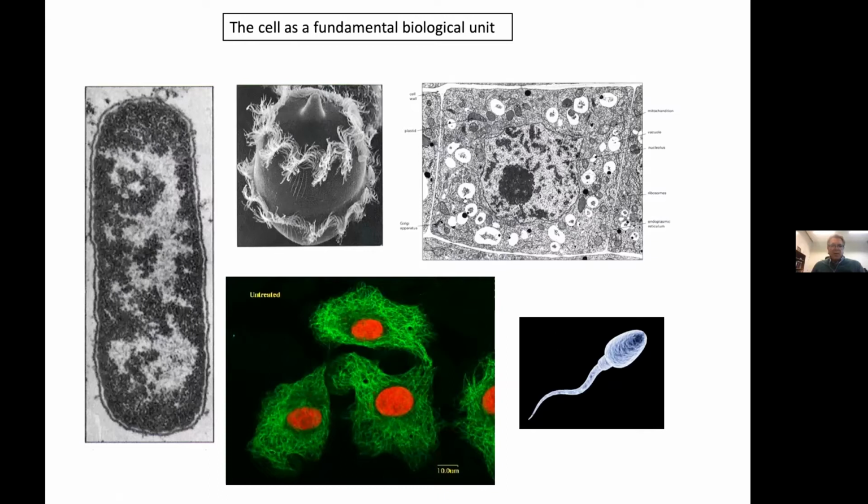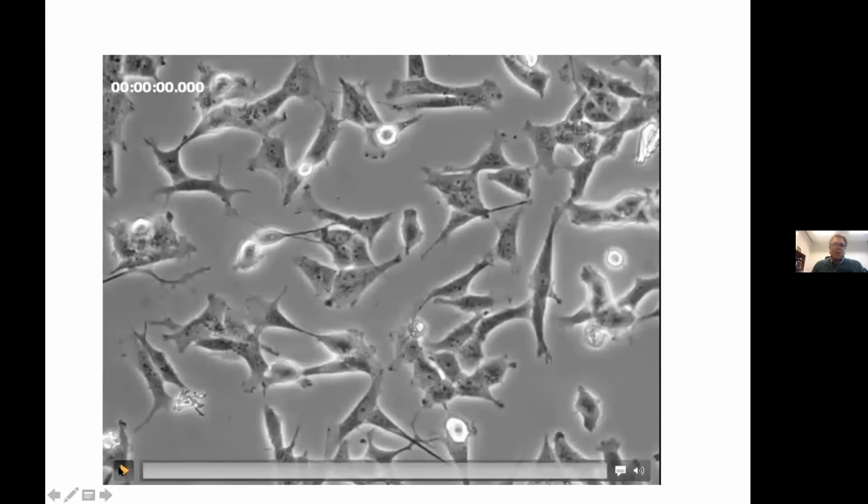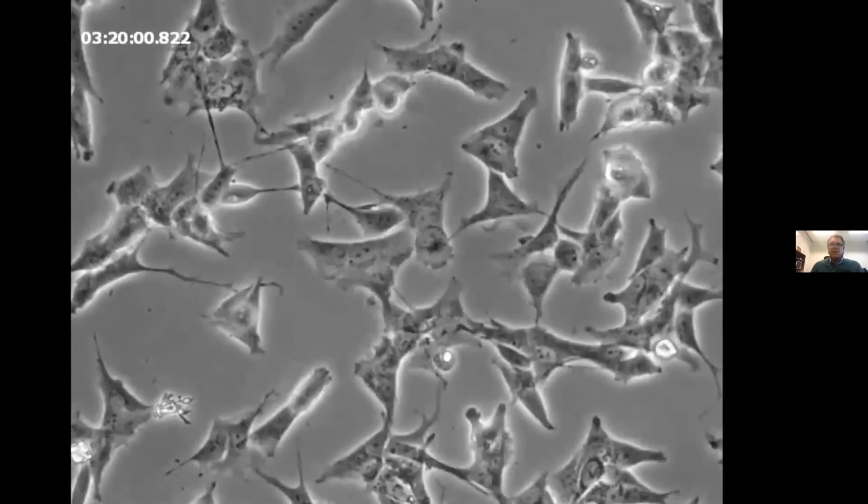So if we think about fundamental biological units, we need to think about how they survive and how they develop. And the main theme of our team is cell division. So I wanted to give you an idea of what cell division is. This is a field of cells in a petri dish.